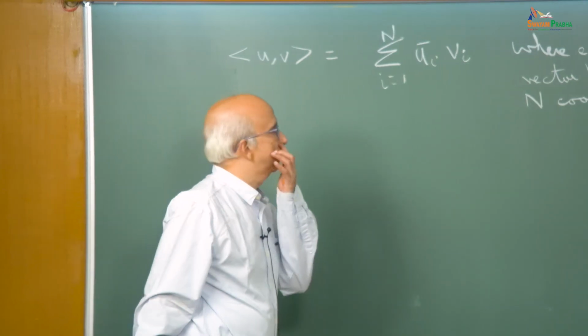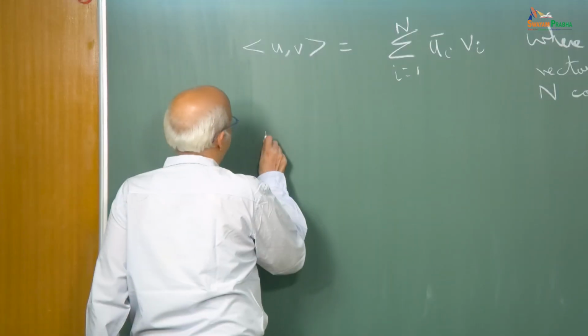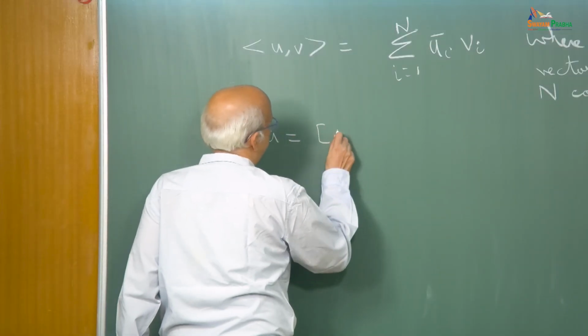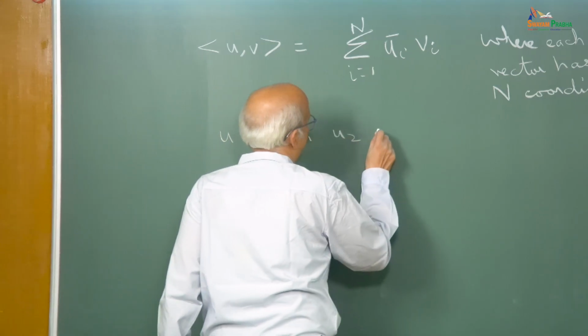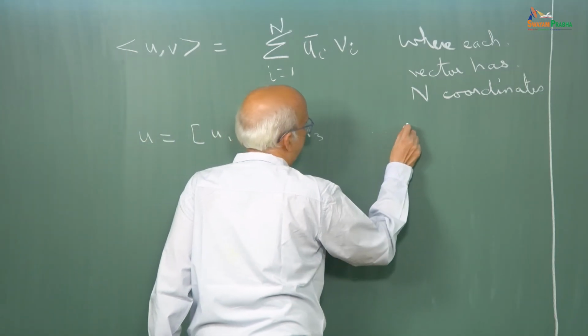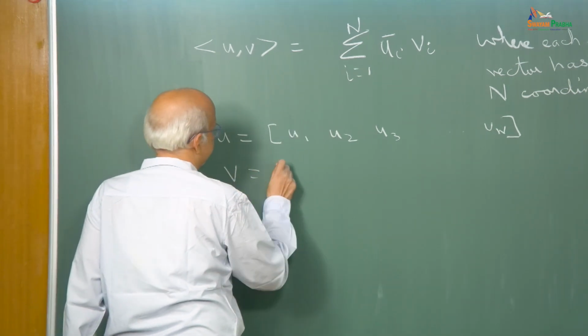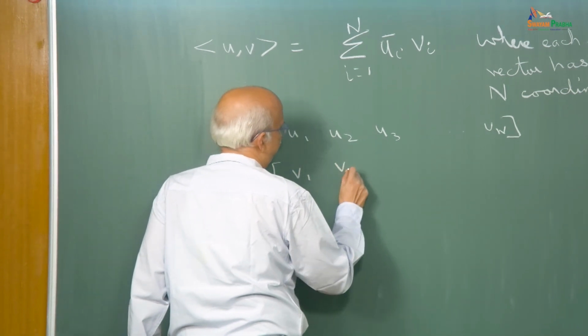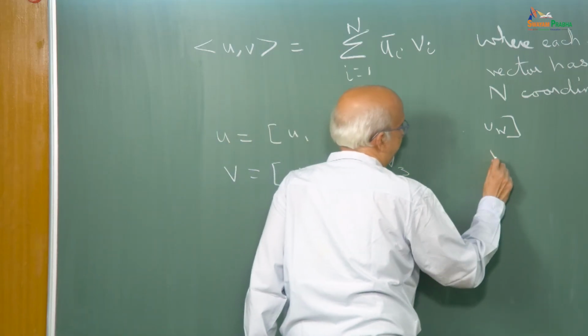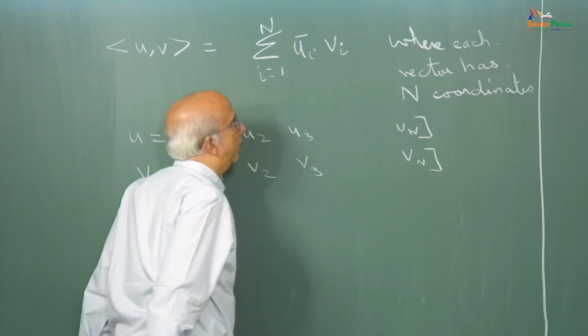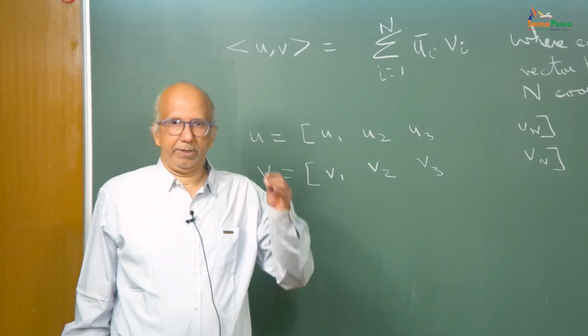So, basically what I am saying is, u is of the form u1, u2, u3, ..., un, and v is of the form v1, v2, v3, ..., vn. Okay.